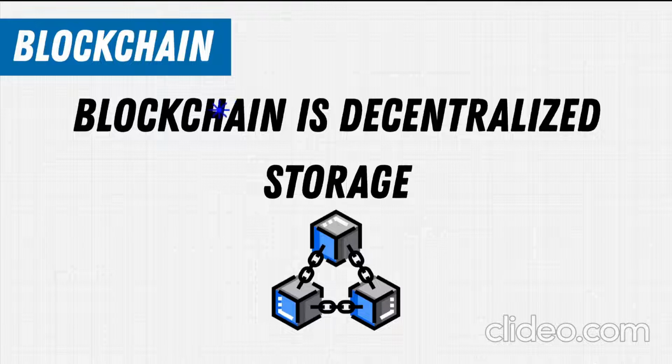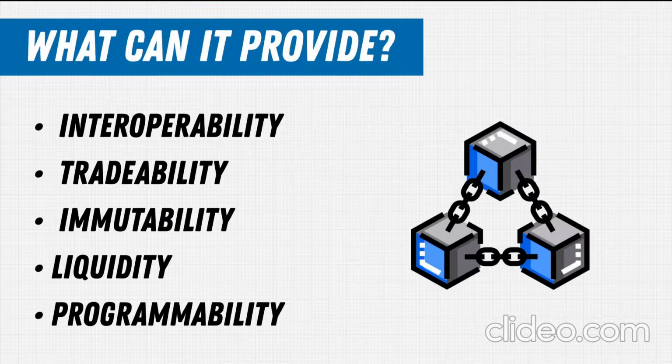And so then you ask yourself, well, what are we getting out of the blockchain, right? We are getting interoperability, tradability, immutability, liquidity, and programmability. Those are the things that we want to get out of the blockchain for NFTs specifically.